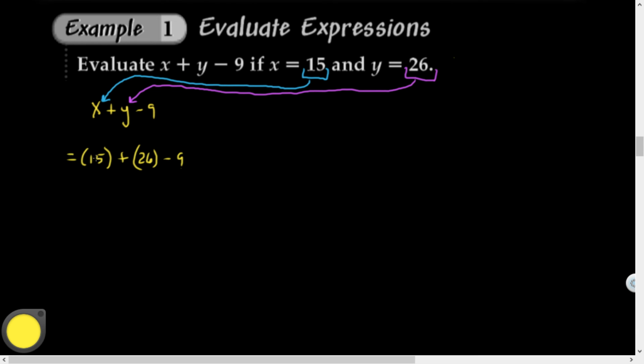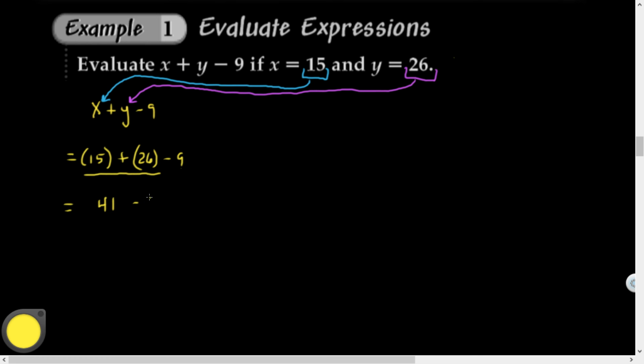So I've substituted, I've replaced those things, and this is still mathematically equivalent because I told you those things are equal. So what do I get? 15 plus 26 minus 9. PEMDAS, which operation do I do first? The addition. 15 plus 26: 26 plus 10 is 36, plus another 5 is 41.